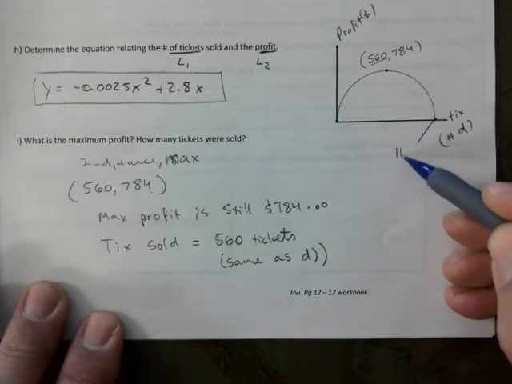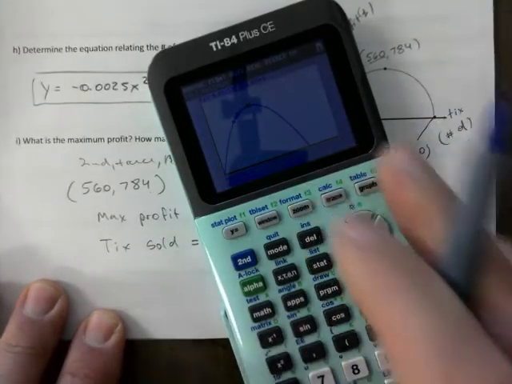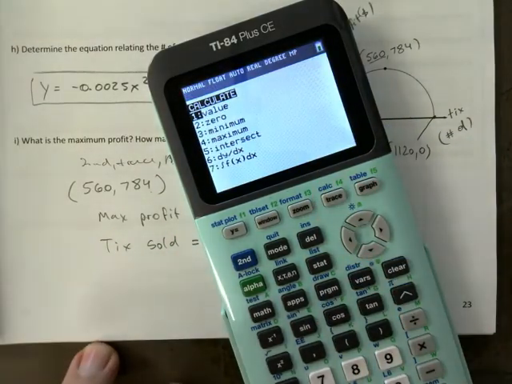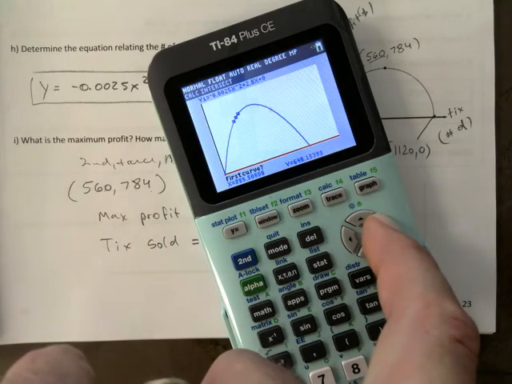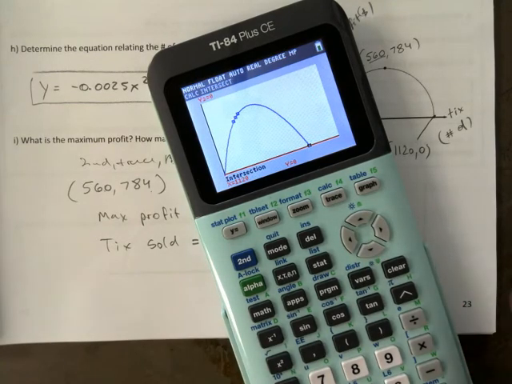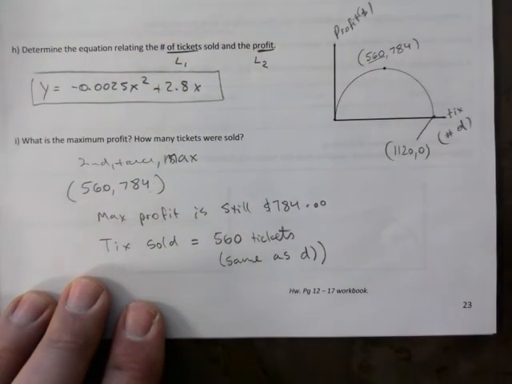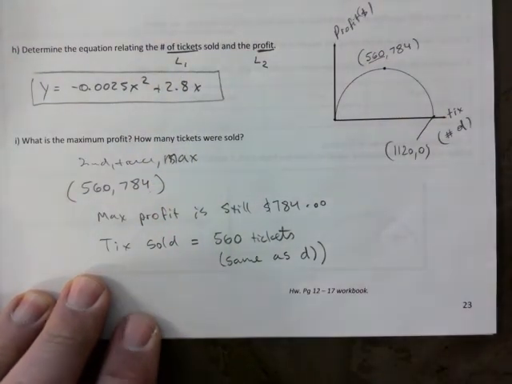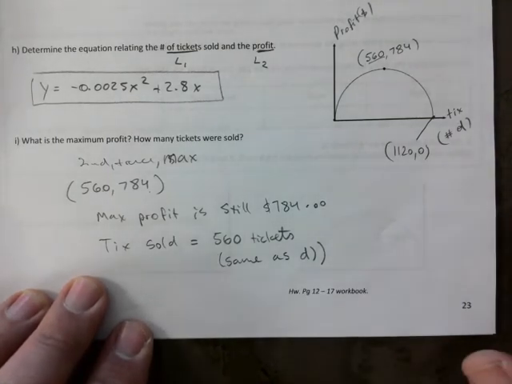But hey, we want to make sure that we're not getting this wrong. So I'm going to go to it, enter, enter, enter. Oh, it's 1120. So you can use your calculator, you can just use axis of symmetry. Just be careful that you do it right.